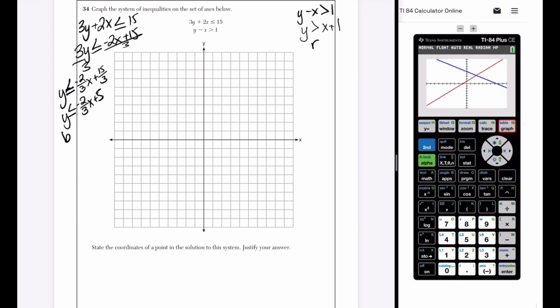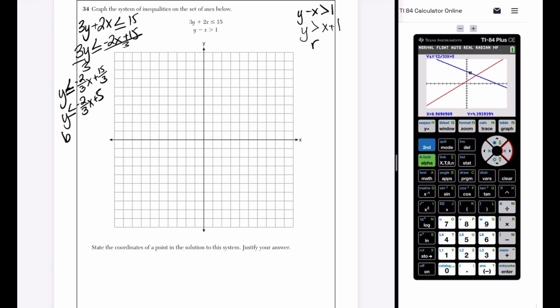Awesome sauce. So with my blue line, I want to do my blue line first. Here I have, let's trace it. Here's my first line over here.